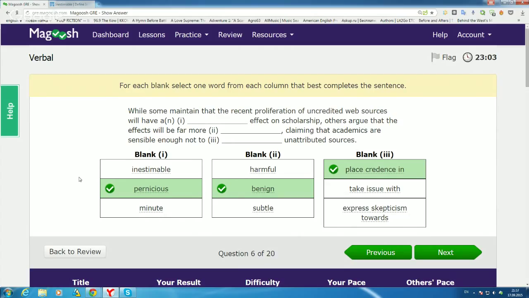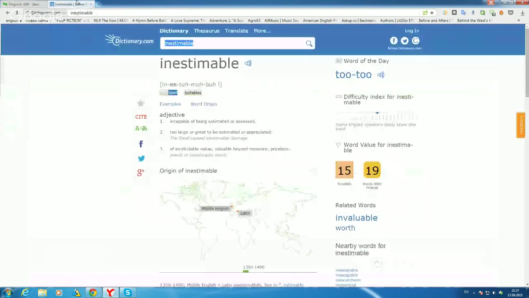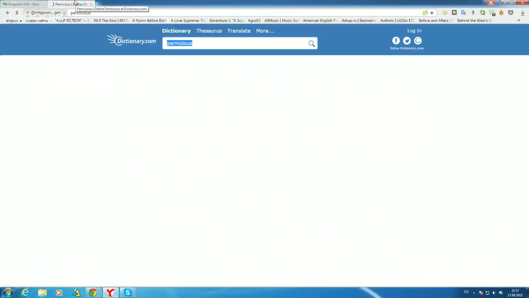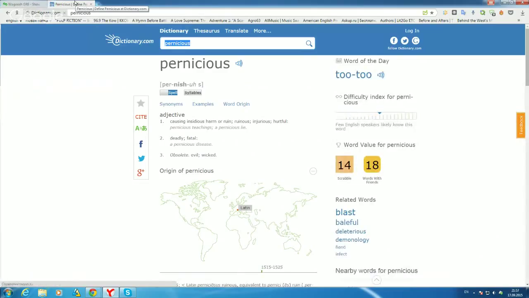What does pernicious mean? Pernicious means harmful. Look it up. I want you to look at the definition and see what other words we are given. Causing insidious harm or ruinous, injurious, hurtful. Injurious. What does that mean? That's similar to another word, isn't it?